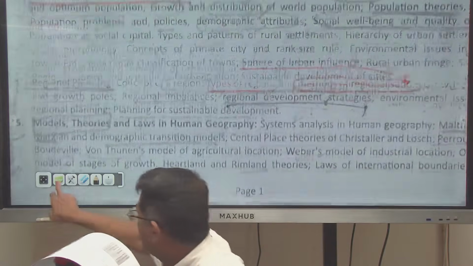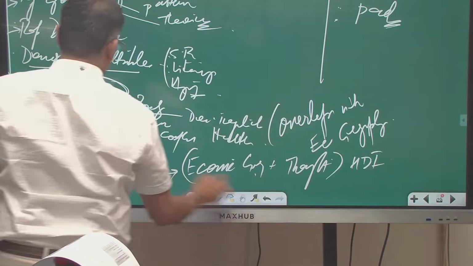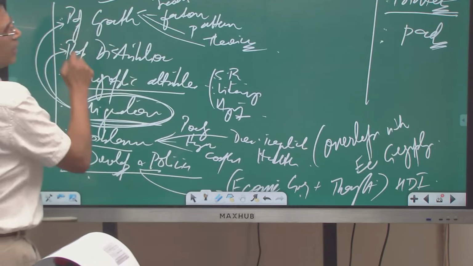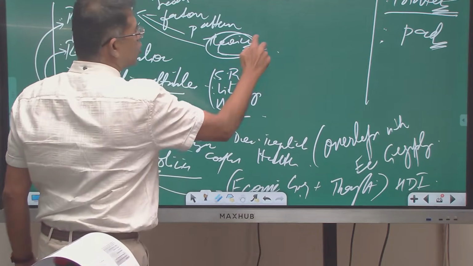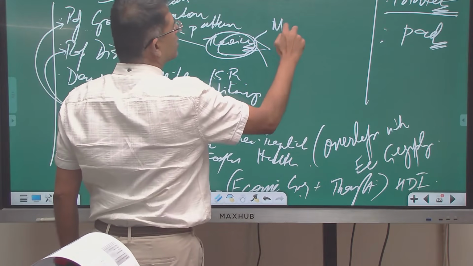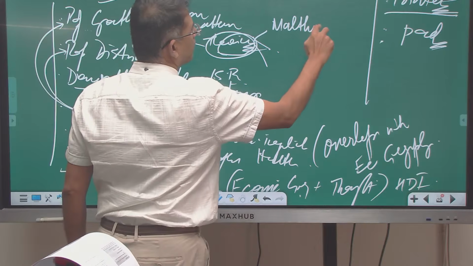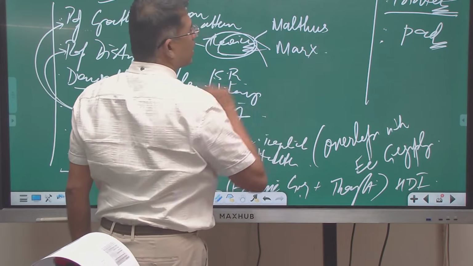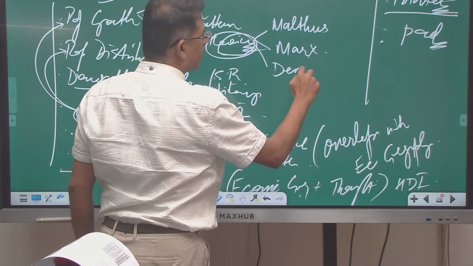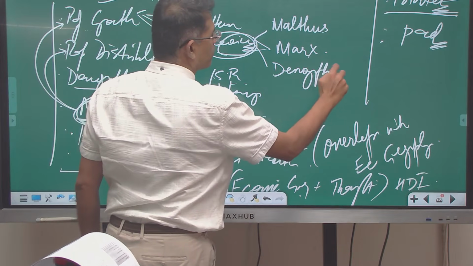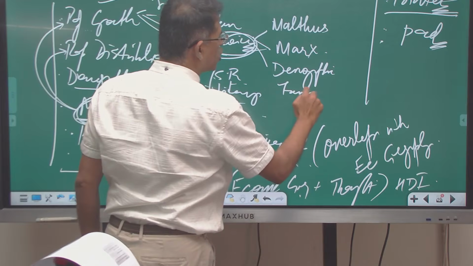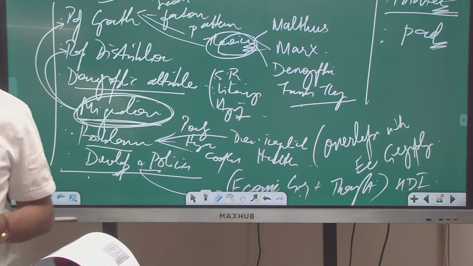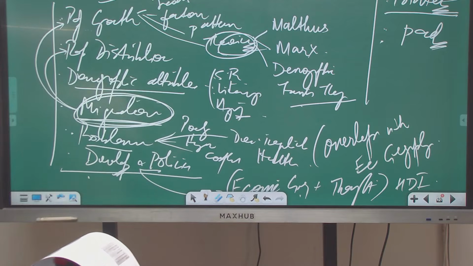So if you see this list here, ये जो theories हैं, population growth, I said there are theories. These theories are Malthus theory, Marxian theory, and demographic transition theory.